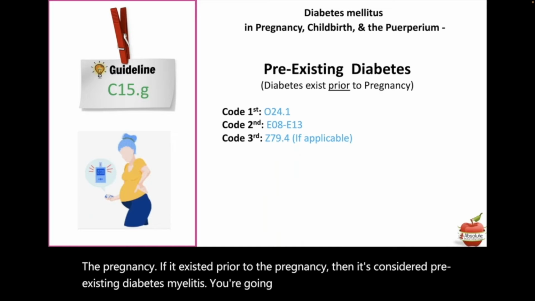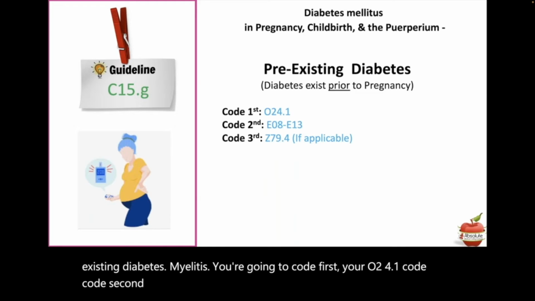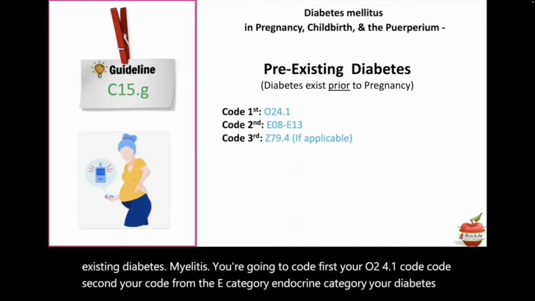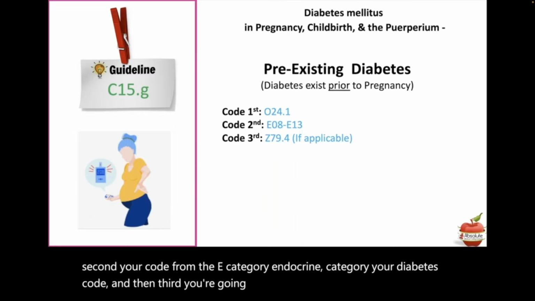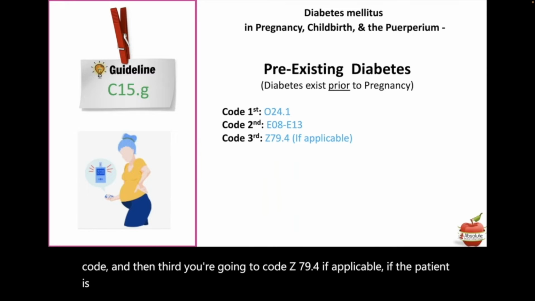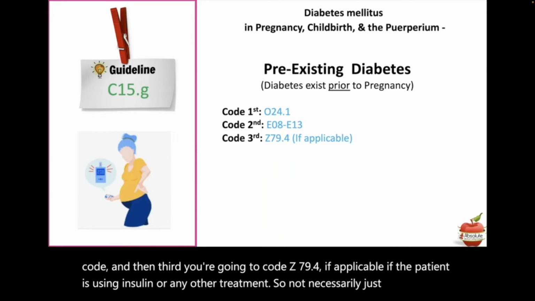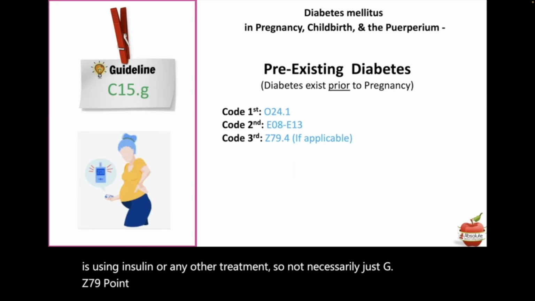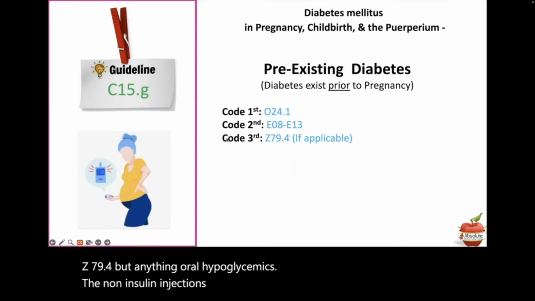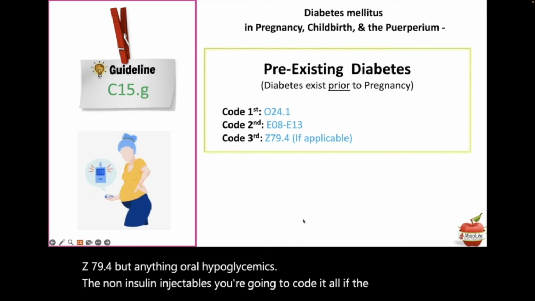You're going to code first your O24.1 code, code second your code from the E category, endocrine category, your diabetes code, and then third, you're going to code Z79.4 if applicable, if the patient is using insulin or any other treatment. So not necessarily just Z79.4, but anything, oral hypoglycemics, the non-insulin injectables, you're going to code it all if the patient is using it.